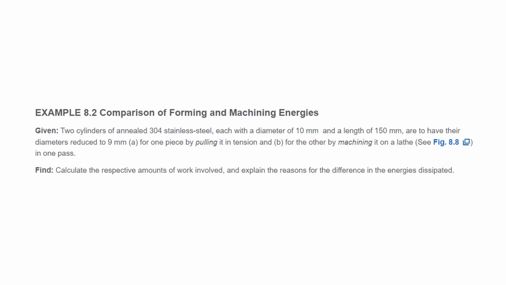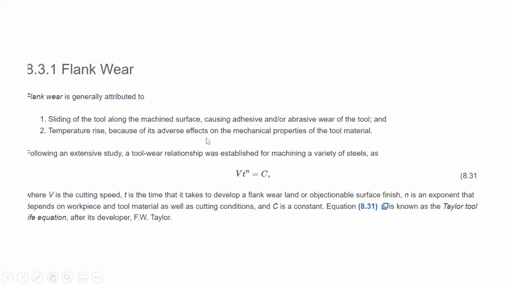And so I move on to the third one. Third is the tool wear, and how to estimate the tool life. If I give you some information, how to estimate the time.